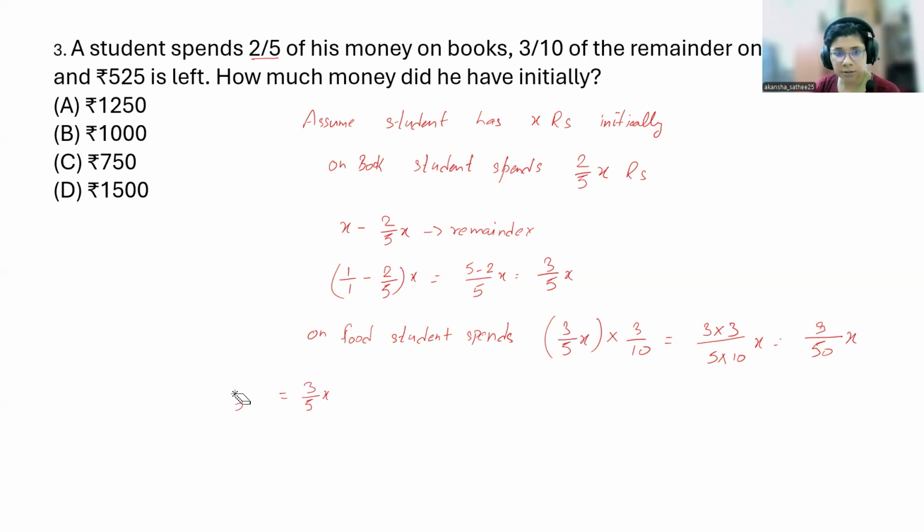Let me write it again. The student spent 2 by 5 of his money on books, 3 by 10 of the remainder on food, and is left with 525. How much money did he have initially?